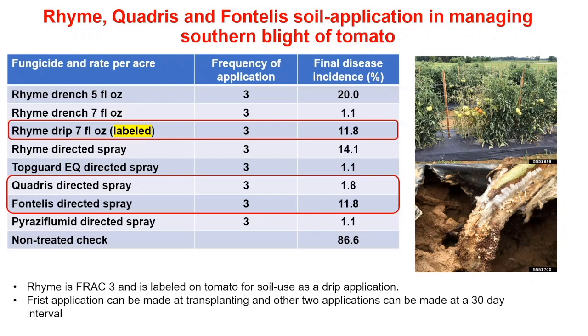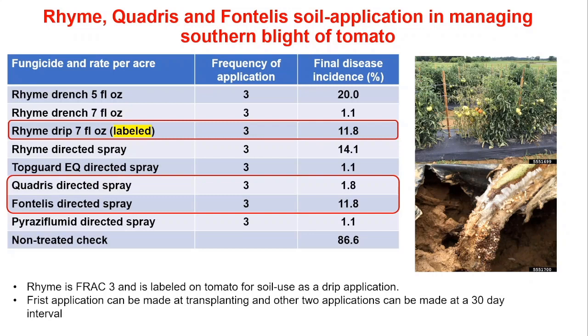And then Fontelis, which is our grower standard. For soil use, you can use Fontelis either as a drench or through drip. Most of our tomato growers are on drip. So if you use it through drip and put a good bit of water, you will have decent efficacy. But again, I'm afraid with Fontelis because we rely on Fontelis a lot for southern blight. So I would recommend that Rhyme can be used, which has a soil-use label.